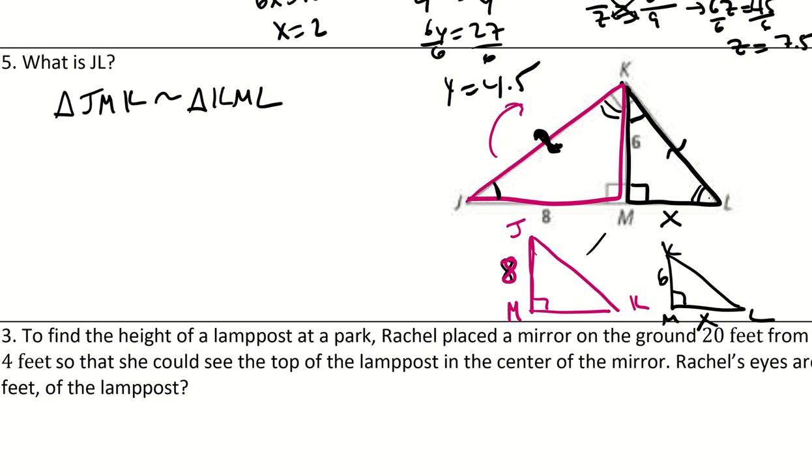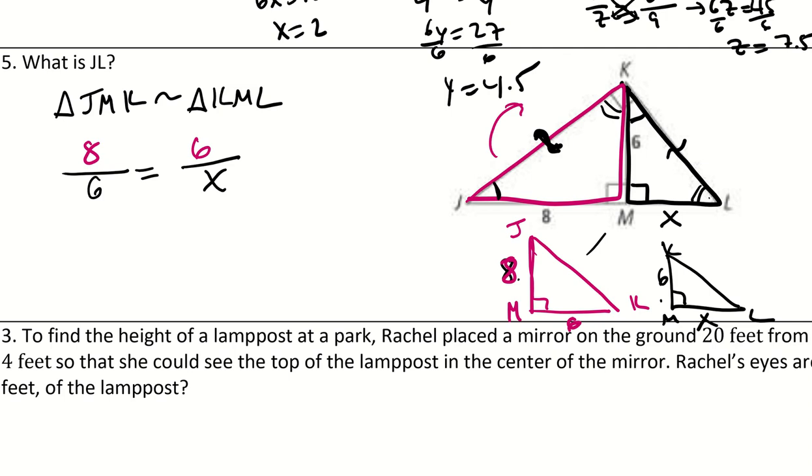So we can say that 8 is proportional to 6 as, and this is 6 over here, MK is 6. I forgot to label that 6. As 6 is proportional to X. And that's how we set it up.